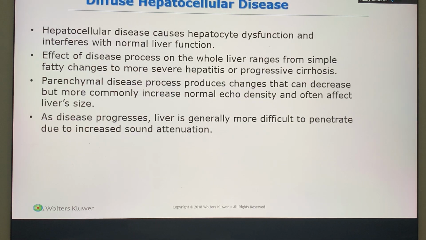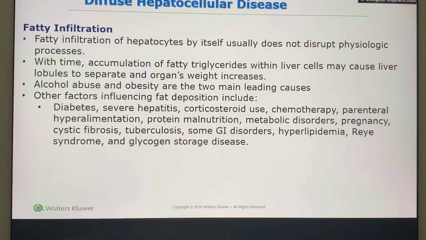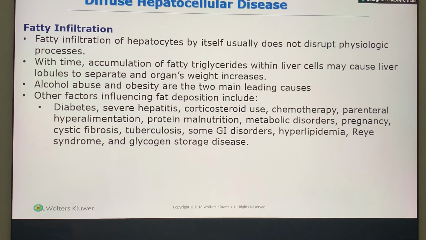You need to know what fatty infiltration is, what causes it, and what it looks like on sonography. The two main causes are going to be alcohol abuse and obesity.